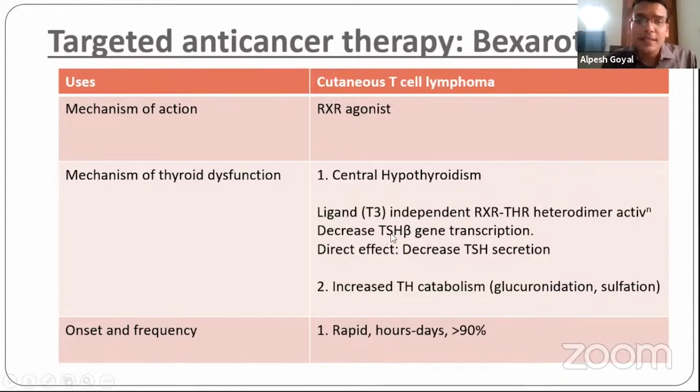While this agent decreases TSH beta gene transcription, it is expected that this effect will be later in onset. However, it also has a direct effect on pituitary thyrotrophs, causing a decrease in TSH secretion, and that is why you can get a rapid onset of effect within hours to days, and it's very, very common, seen in more than 90% of patients.